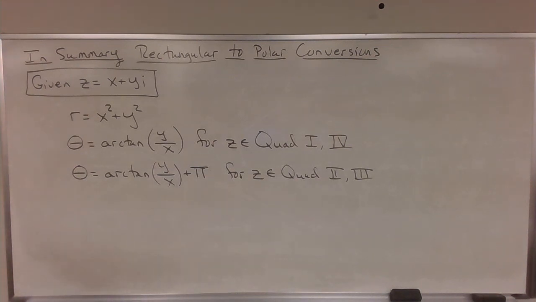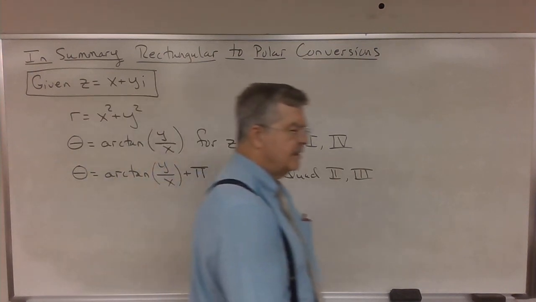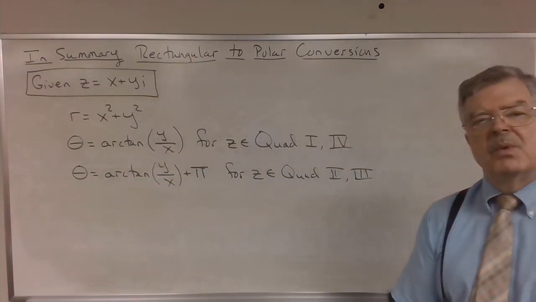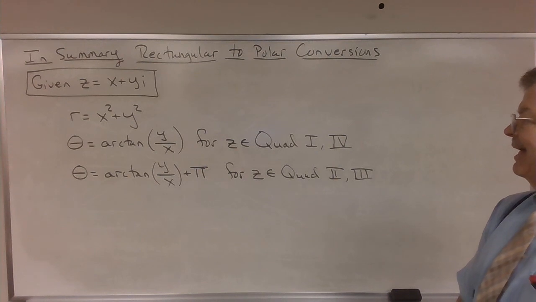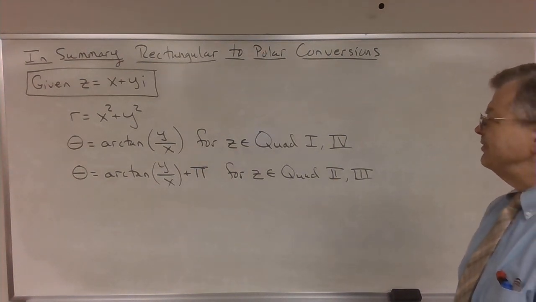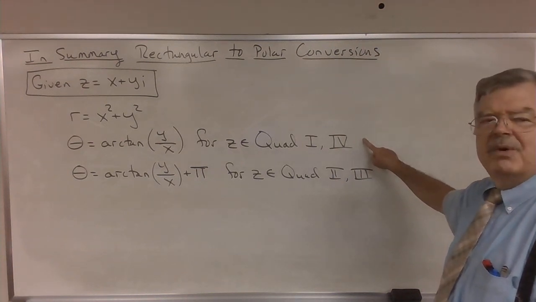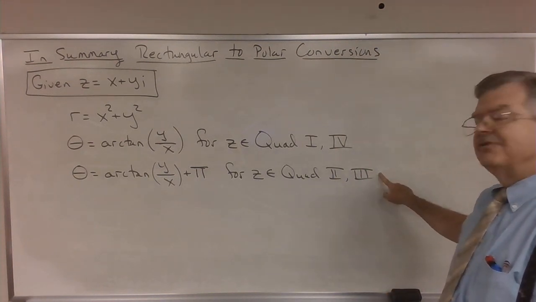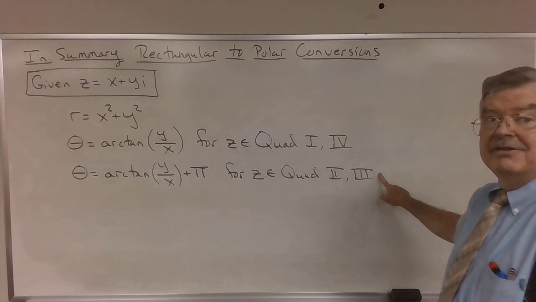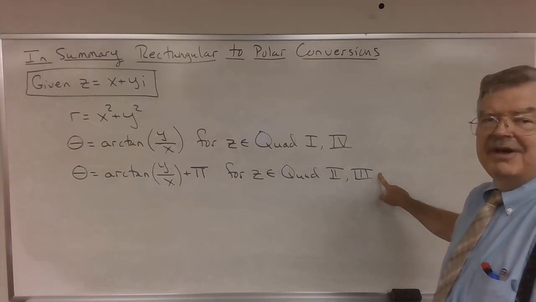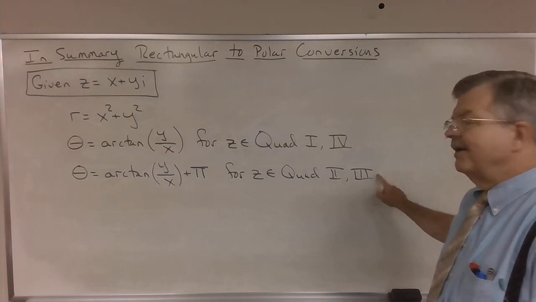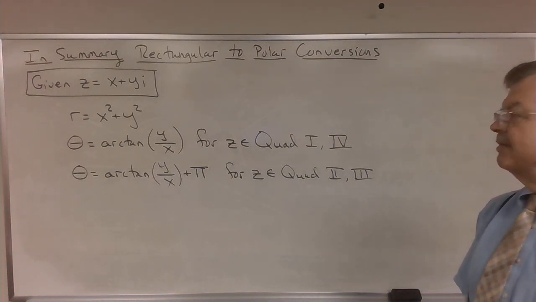Okay. Those are our rectangular to polar conversions. And we'll just be aware that the arctangent only gives us the correct angle if z is in quadrants 1 and 4. If z is in quadrants 2 or 3, that is to the left side of the origin, we have to add pi to the argument.